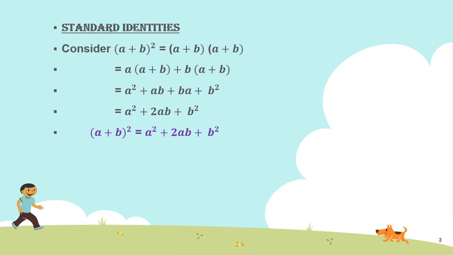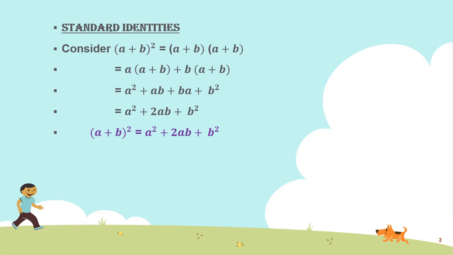That is equal to a(a + b) + b(a + b), which is a squared plus ab plus ba plus b squared. By simplifying, we get a squared plus 2ab plus b squared. Therefore, (a + b) squared is equal to a squared plus 2ab plus b squared.